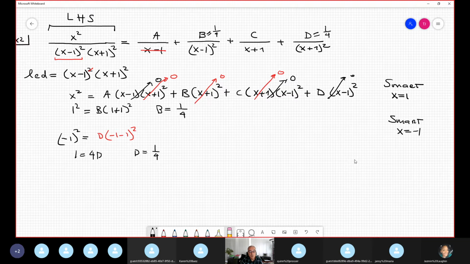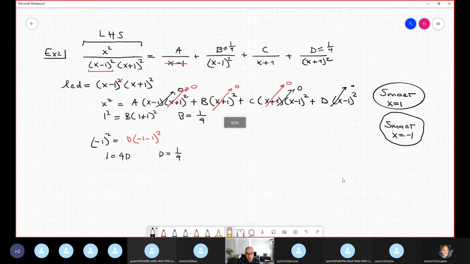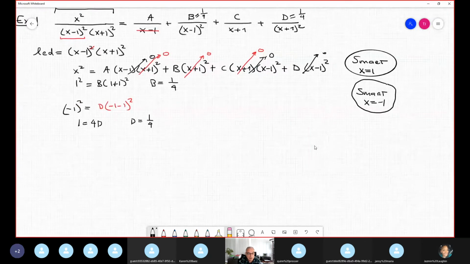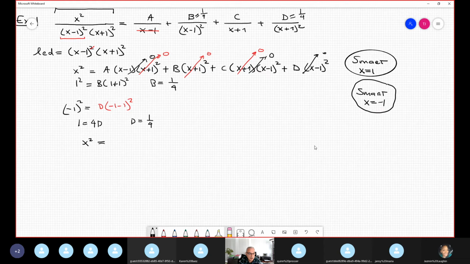Very well. So I have in my hand B and D, but I need to find A and C. But unfortunately, we have no more smart values. Remember, a smart value is a value that, when you plug it in, at least eliminates one part, so it makes it easy.